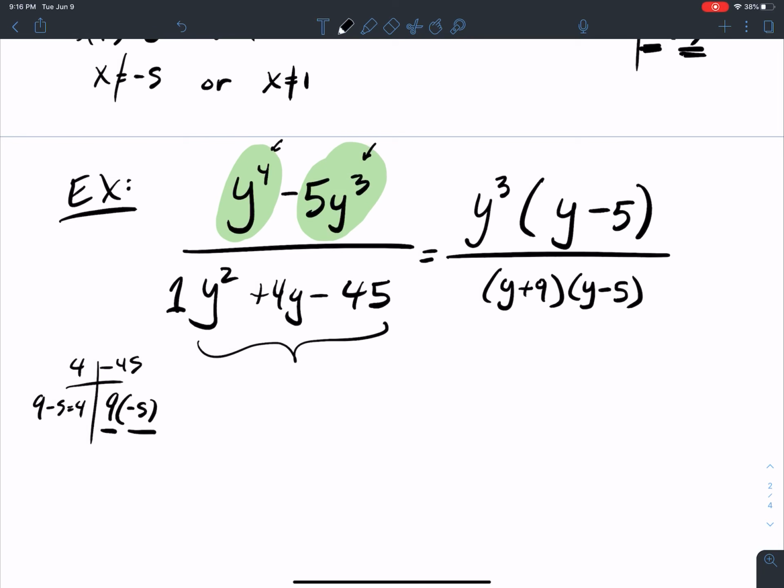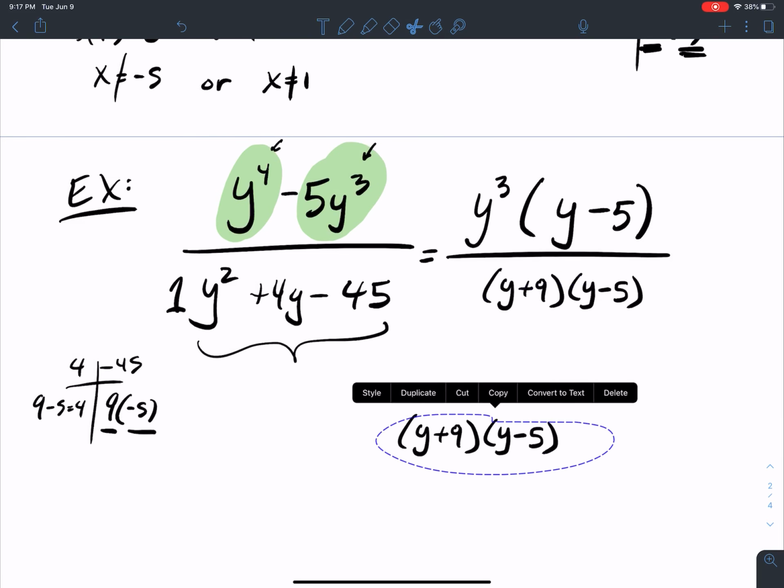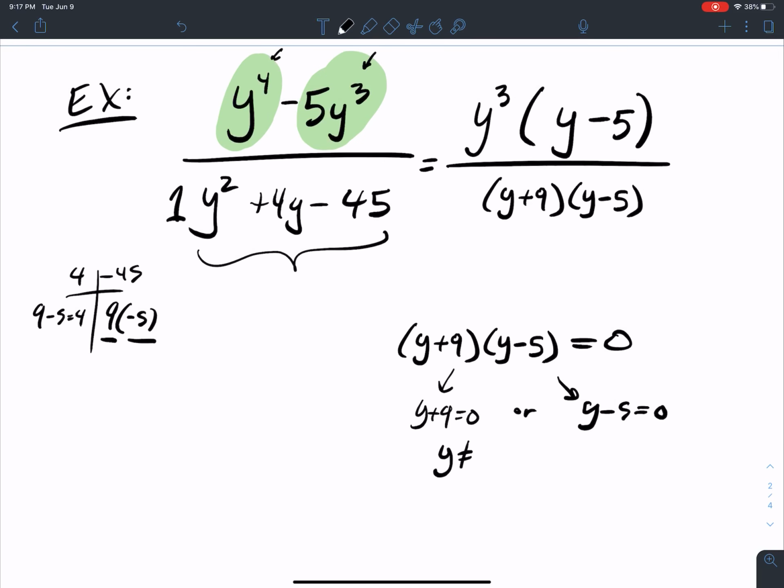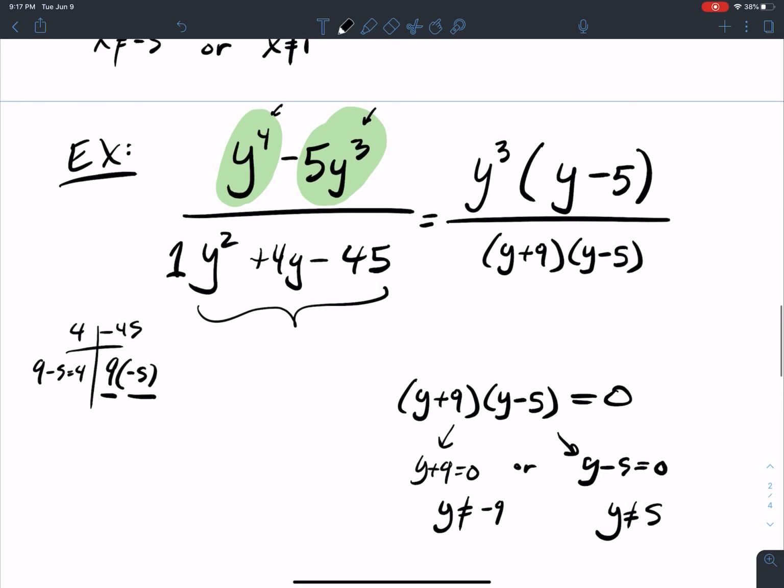And so I set the denominator equal to 0: y plus 9 equals 0, or y minus 5 equals 0. So it means y can't be negative 9, and y can't be 5. And what else can happen? I can cancel, because there's multiplication between those two.